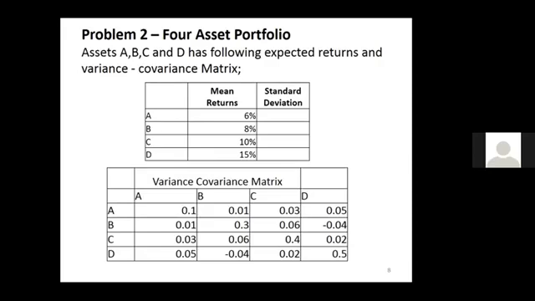Then we can get the annual one. If you have a monthly variance, multiply by 12 to get the annual one. Then to get the standard deviation, we take the square root of that variance value. So for each asset, you can estimate the return standard deviation, and then we can go to another step.